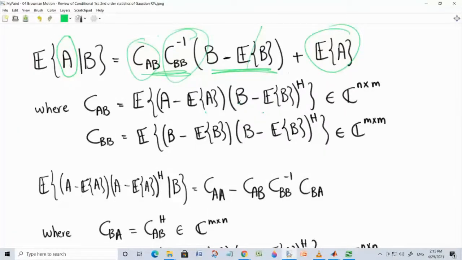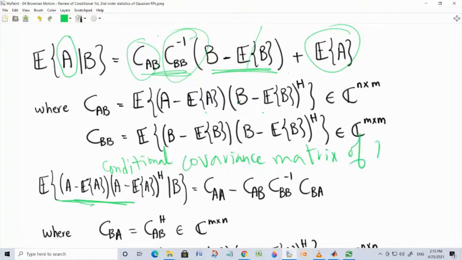And this is the conditional covariance matrix of A given B. Again, it has a formula: CAA minus CAB, CBB inverse, CBA.